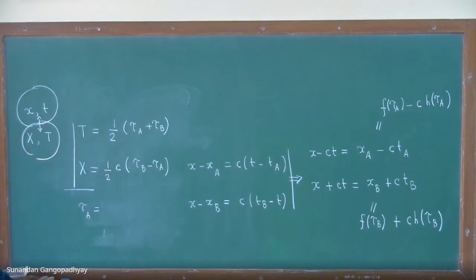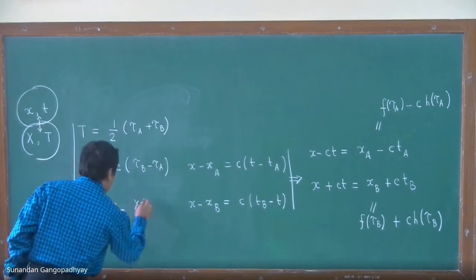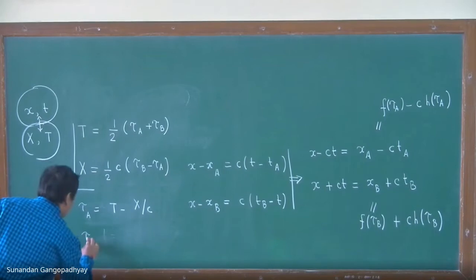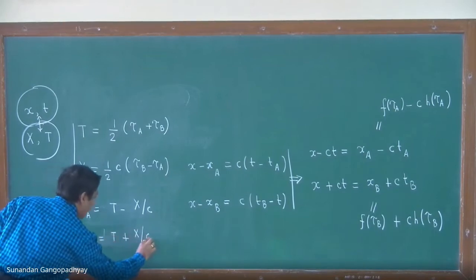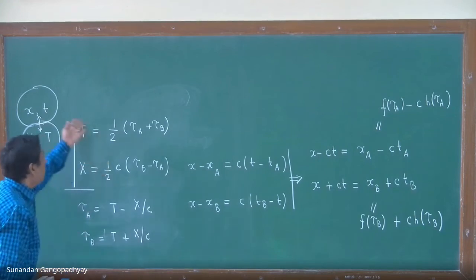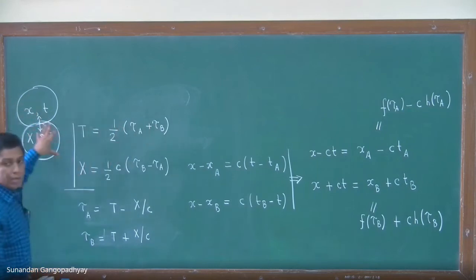Can you just tell me what is tau a? I think tau a is t minus x by c, right? Yes. And tau b is t plus x by c. Okay. These are very reasonable. What you are doing is you are basically connecting the coordinates t and x with the proper times. You are not connecting it with x and t.